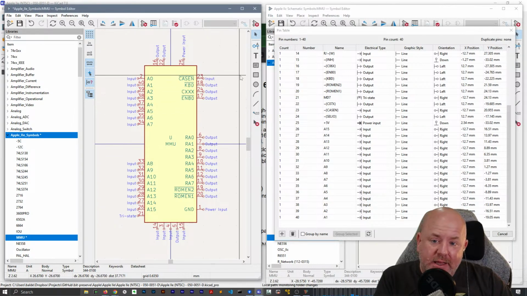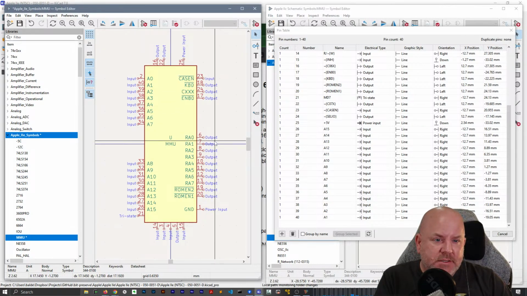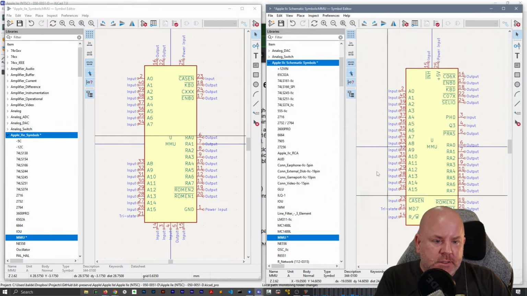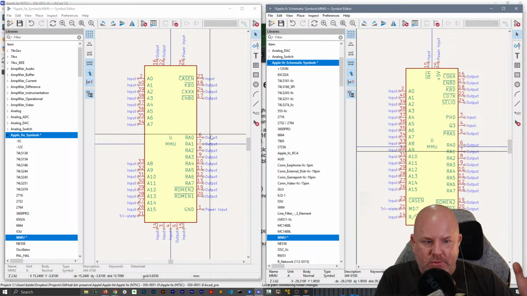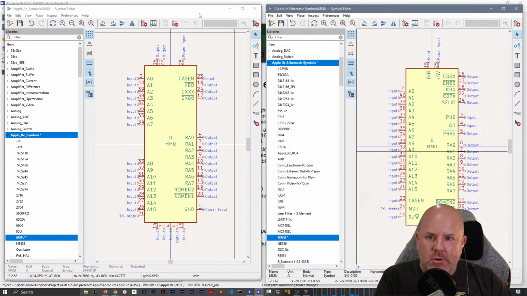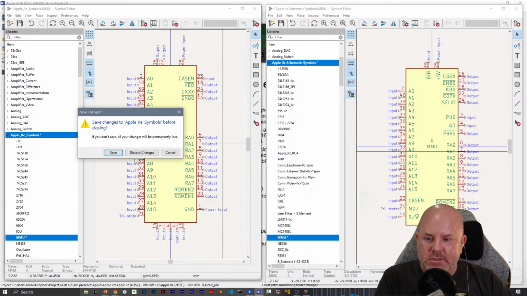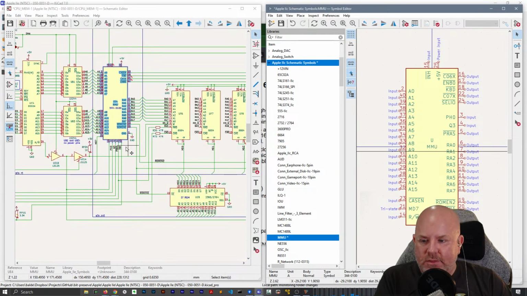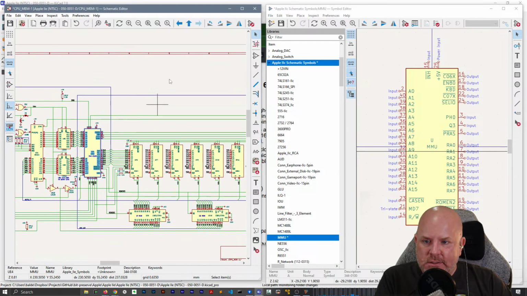That said, in most cases when I did the 2C schematic, I probably started with RJ's. I used his MMU symbol instead of creating mine completely from scratch. I don't remember exactly what I did, but I was still able to leverage some of the work without having to recreate everything.